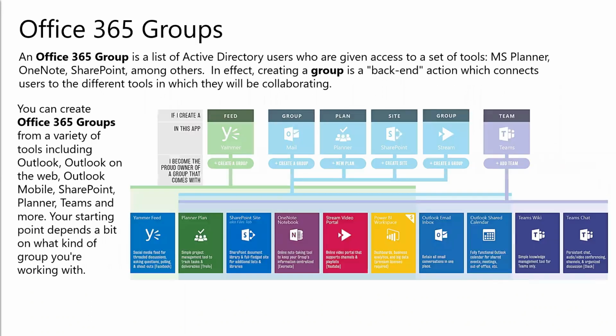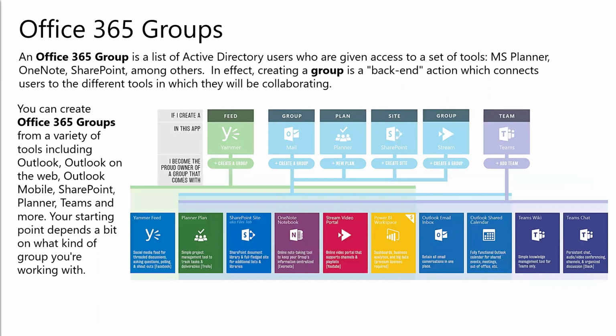So Office 365 groups are kind of the backbone of what allows Teams and the various Office 365 apps to work. Simply put, an Office 365 group is a list of Active Directory users who are given access to a set of tools like Planner, OneNote, SharePoint, among many others, as you can see below.